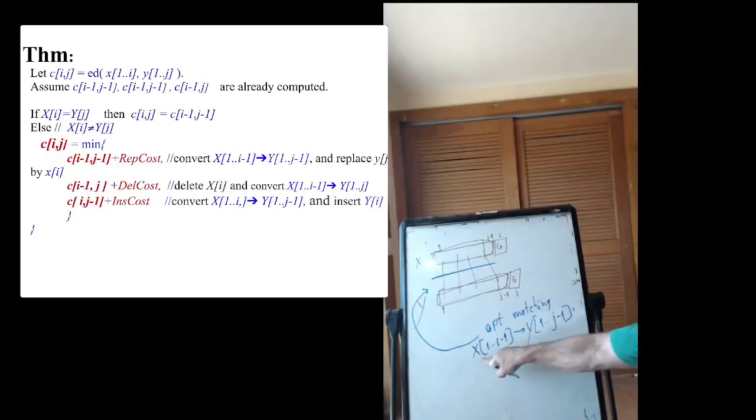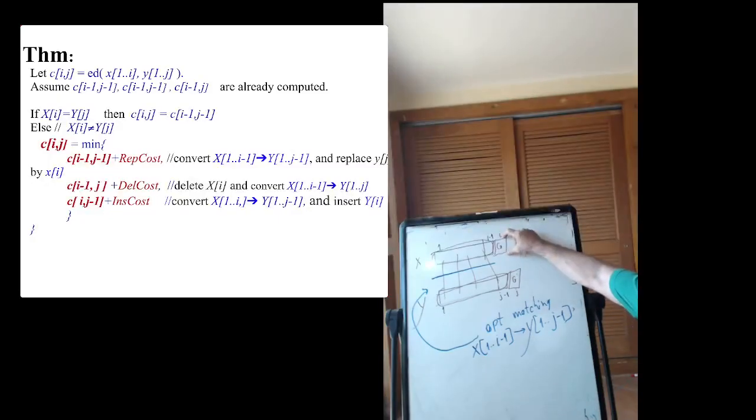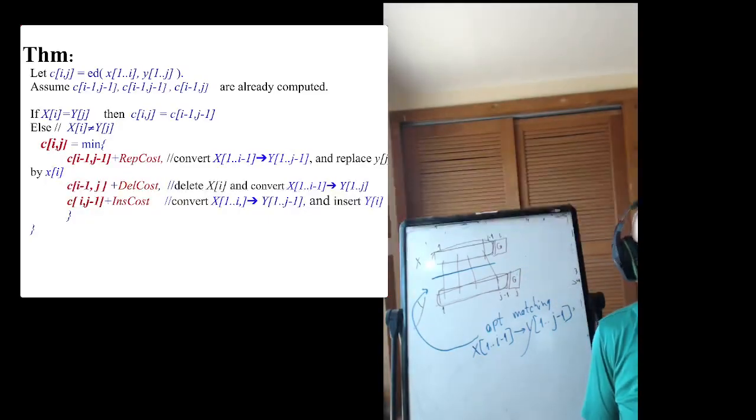You already computed that. What is the optimum matching of the blue part? And now I added one character of x, the ith character of x at the end of x, the jth character at the end of y. And I also tell you that it is the very same character.